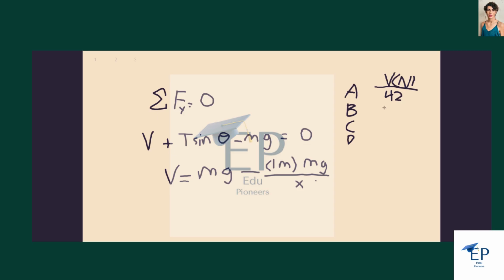B, 28. C, we've got negative 28, meaning it's a magnitude of 28 newtons pointing downward. And D, we've got negative 83, so a magnitude of 83 newtons pointing downward. And we're asked to compare the magnitudes. So largest is D, and smallest, we've got a tie for C and B. So that's the end of part C.